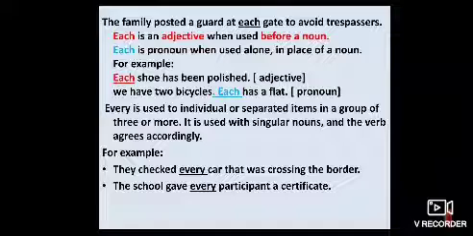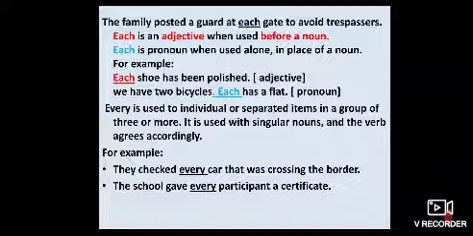Now every is used for individual or separate items in a group of 3 or more. It is used with singular nouns and the verb agrees accordingly. For example, they checked every car that was crossing the border. The school gave every participant a certificate.